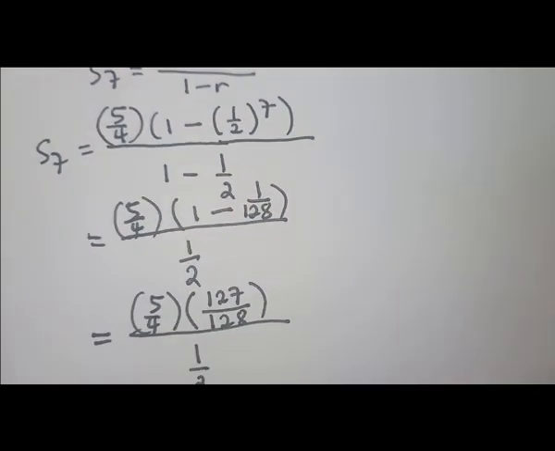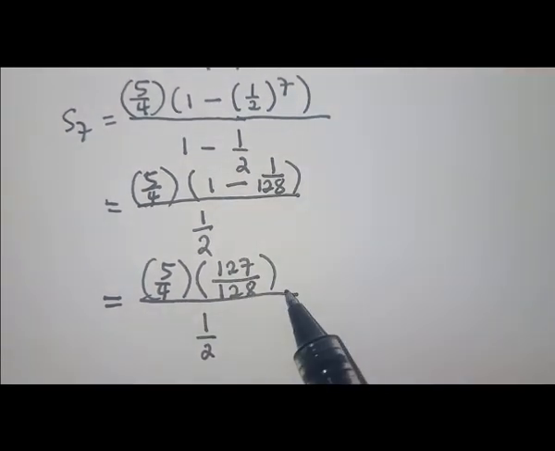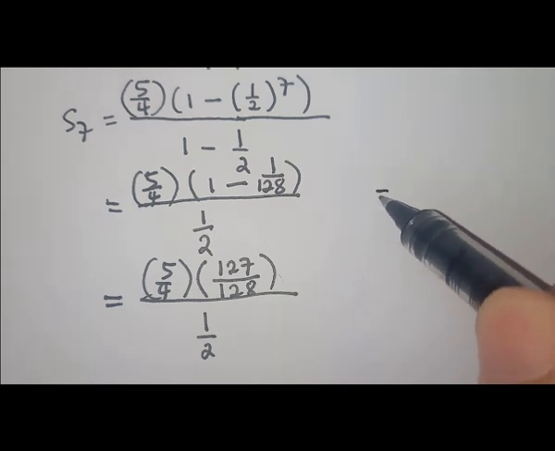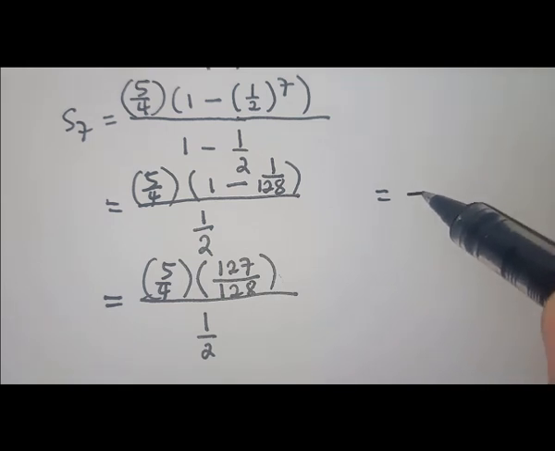Okay, next. So let us try to multiply 5 over 4 multiplied by 127 over 128. So we have 5 over 4 times 127 over 128, we have 635. Okay.